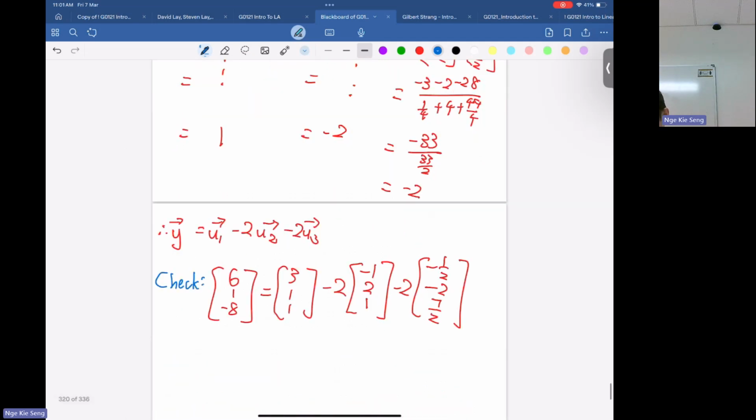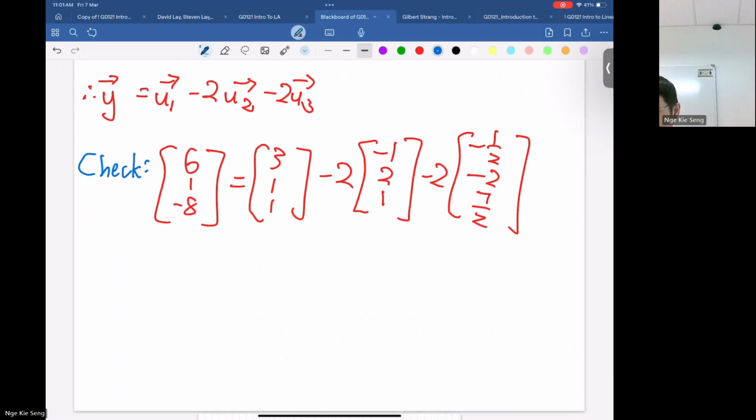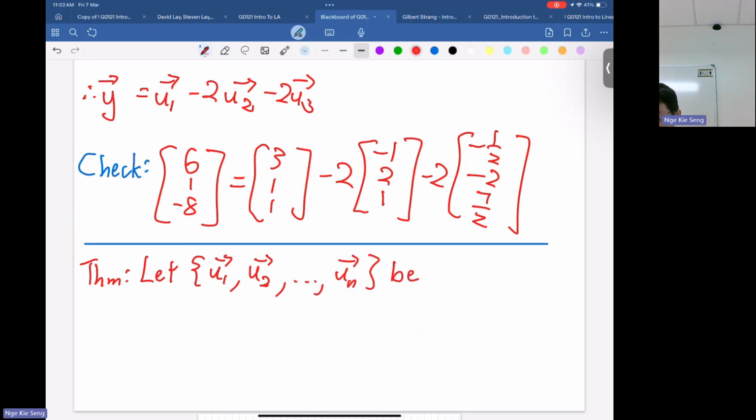But why does it work? What do you think? Why does it work? So let me write down the theorem again. Let's talk about why it works. So let's say u1, u2, up to un be an orthogonal basis.